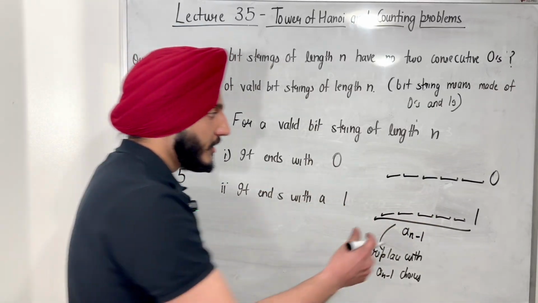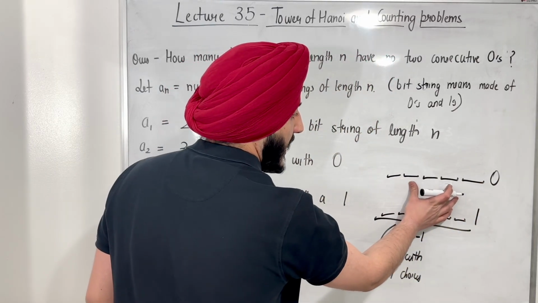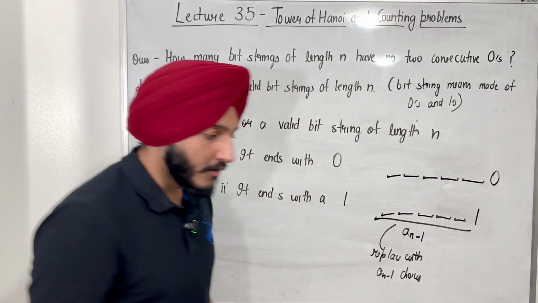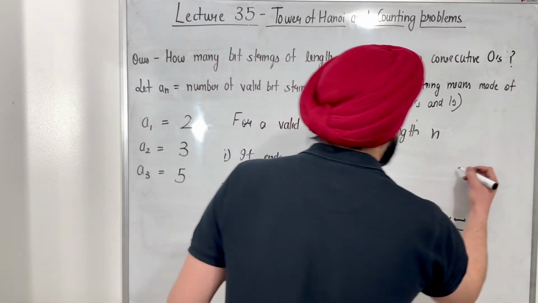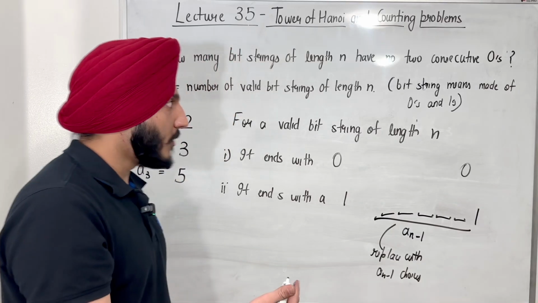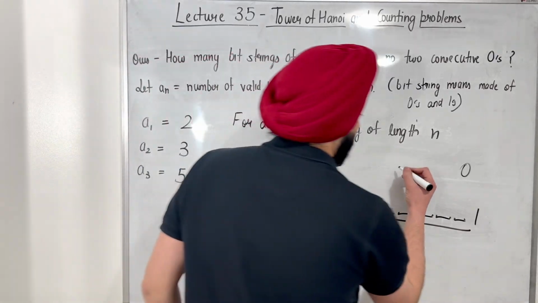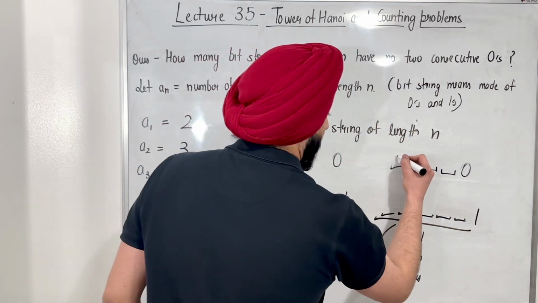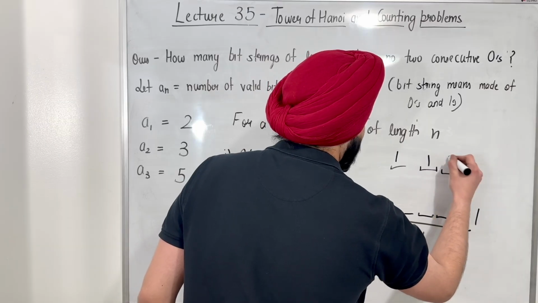Now, for the case where the bit strings end with a 0, I cannot have a_(n-1) values. Why? Because think about this. Let's say you have a 0 and then you try to replace it with a_(n-1). What is a_(n-1) again? It is the number of valid bit strings of length n minus 1. But if I replace this with a_(n-1), I could replace it with a 110.